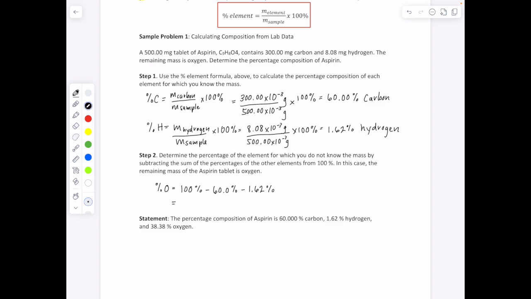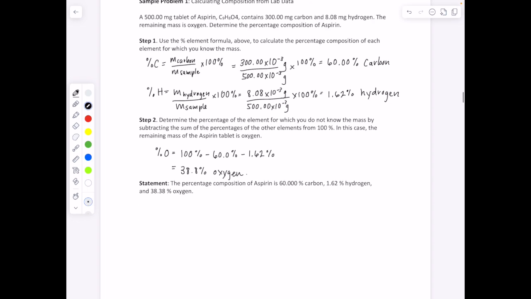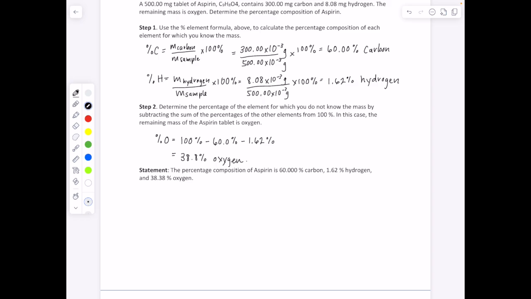And we end up with 38.38% oxygen. Therefore, the percentage composition of aspirin is 60% carbon, 1.62% hydrogen, and 38.38% oxygen.